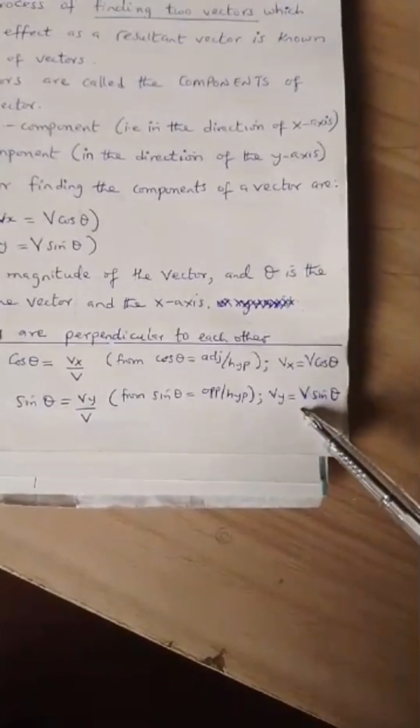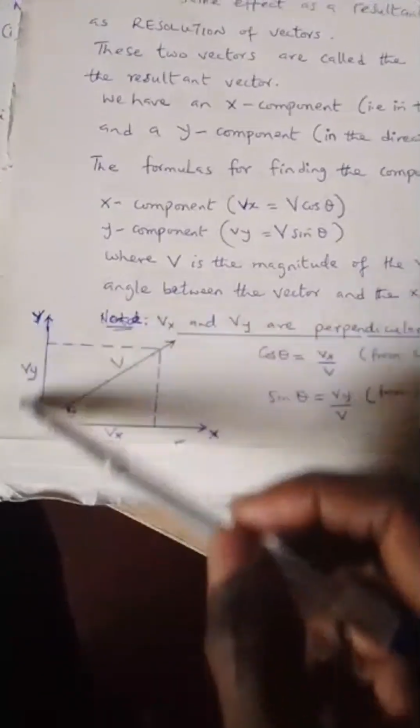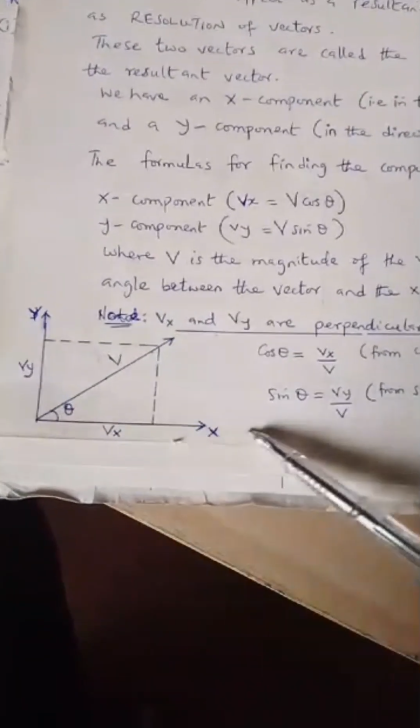So Vy is equal to V sin theta. Vy is basically, in simple English, the y or vertical component of our vector V. So vector V has been resolved or split into its vertical component and its horizontal component.